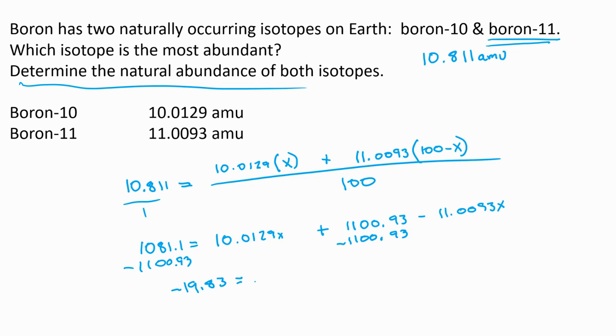And I get negative 0.9964x. Now all I have to do is divide both sides by negative 0.9964. And that will give me X.